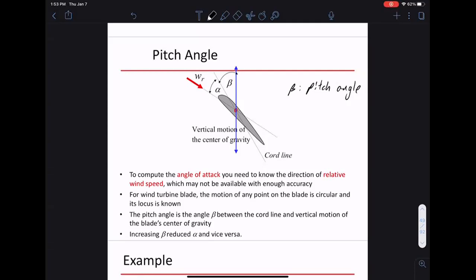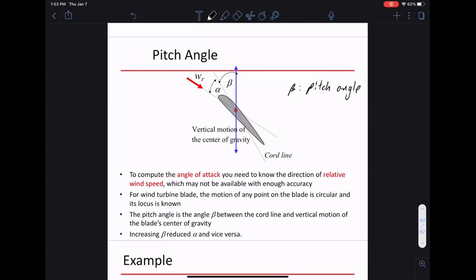So this saves us from talking about the angle of attack, which is referenced to the relative wind, which we may not know, whereas the pitch angle is much easier to compute because it is relative to the rotating blade that rotates in a circle.